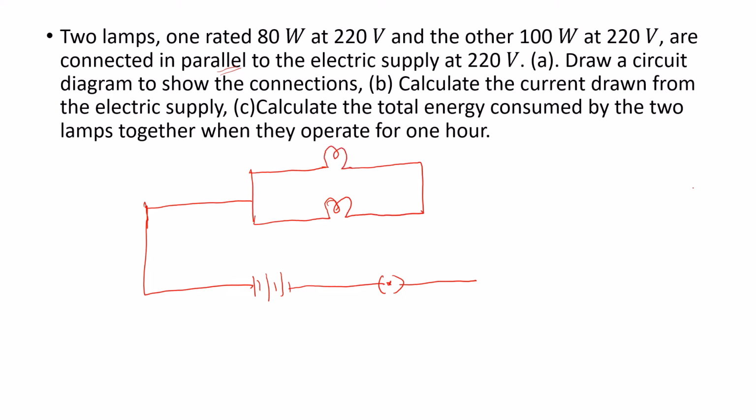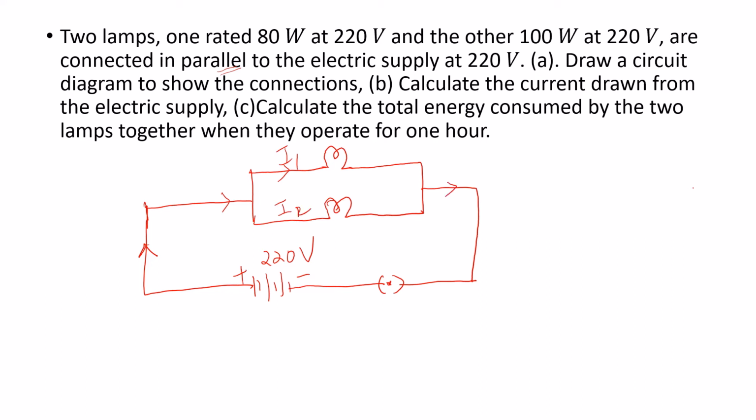So these are the two bulbs or lamps. Then connect this circuit. So this is positive, negative, 220 volt. Then current is flowing through the circuit, and when it reaches here it will split into I1 and I2.